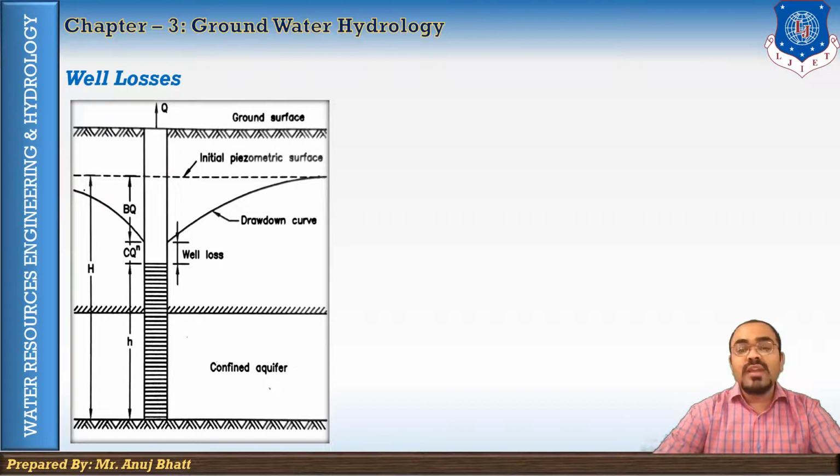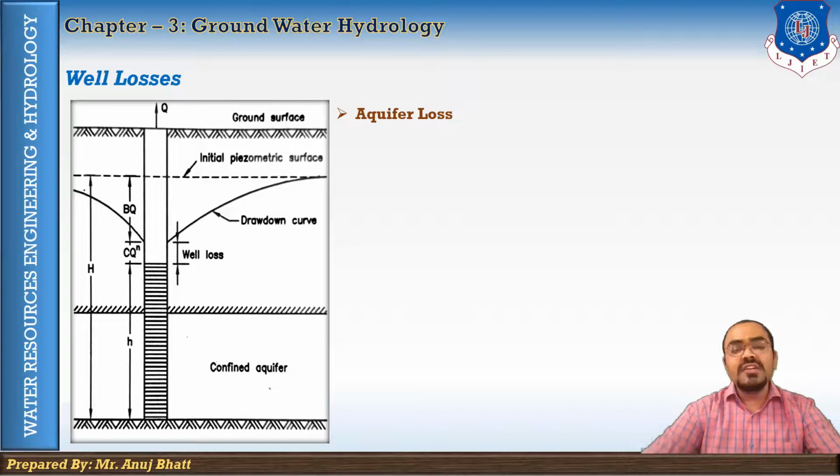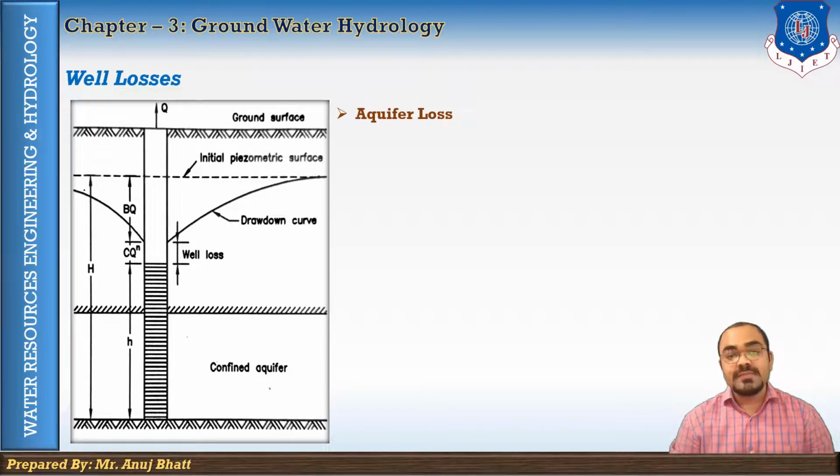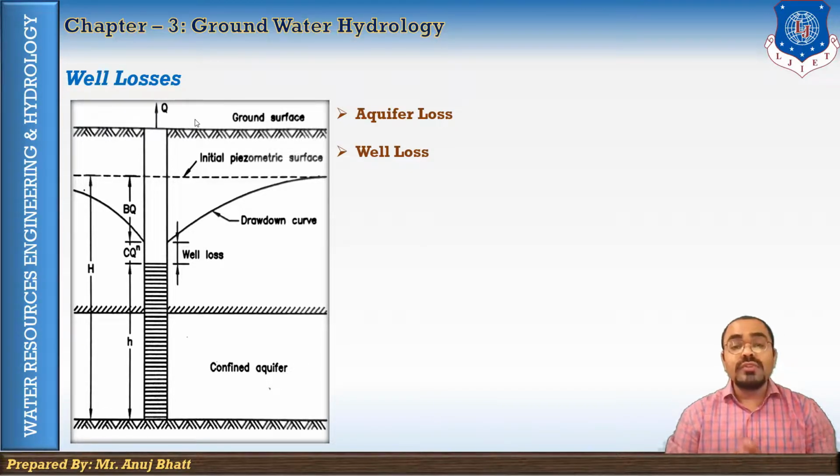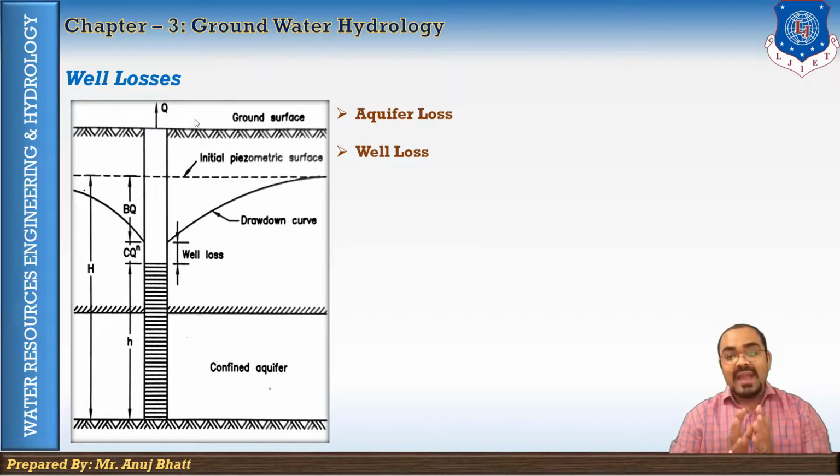Talking about the aquifer loss, the drawdown resulting from the head loss due to the resistance to the flow of the water is known as the aquifer loss, and sometimes we call it the formation loss. Now the well loss is the drawdown resulting from the flow through the well screen and the axial flow within the well to the pump intake.